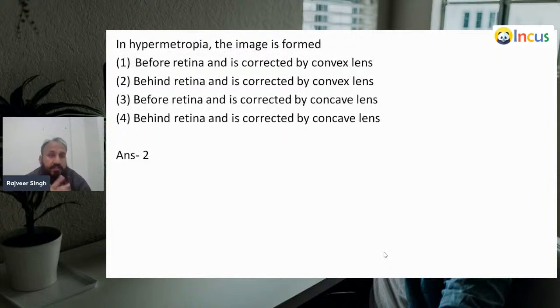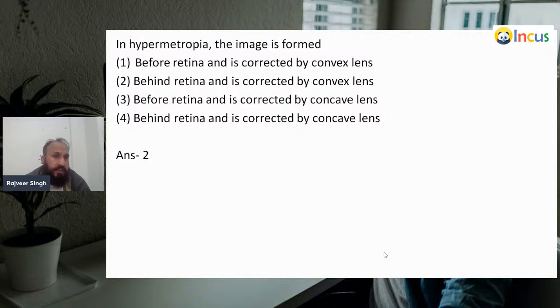Next question: in hypermetropia, the image is formed before the retina and corrected by convex, behind the retina and corrected by convex, or before the retina and corrected by concave. I hope you will answer, because I talked about this just a few seconds ago.